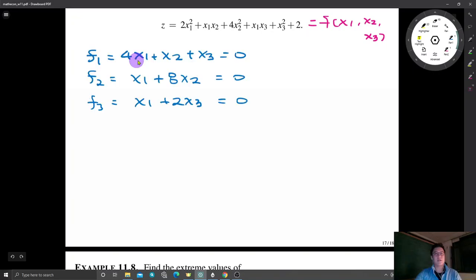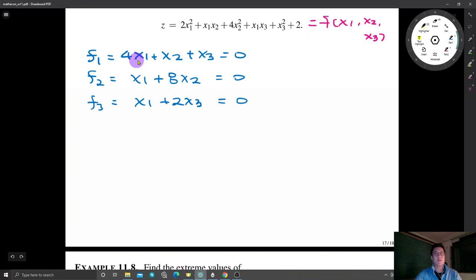You can solve for x1, x2, x3 using matrix algebra. If you express that in matrix form, 4, 1, 1, 1, 8, 0, 1, 0, 2, times x1, x2, x3, and we have a 0 vector on the right. This is a homogeneous equation system, and you can easily check this matrix is invertible, meaning that this equation has a unique solution.